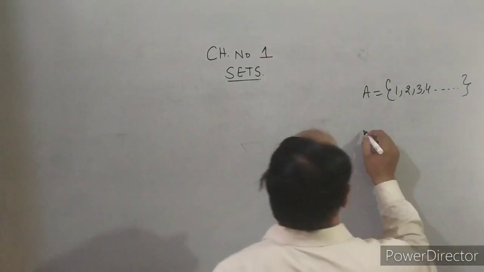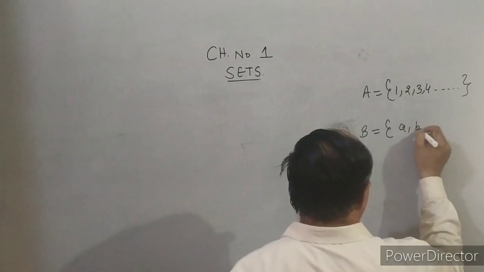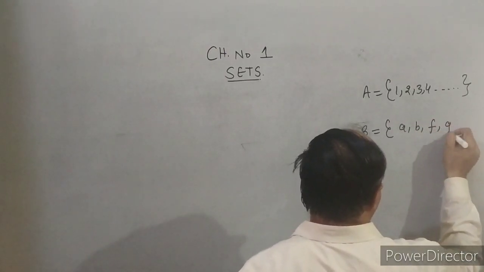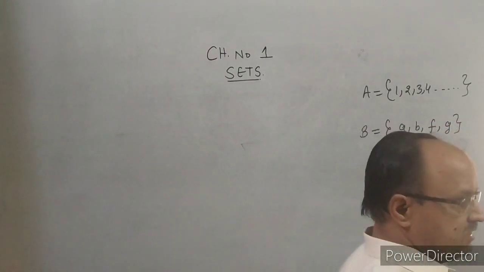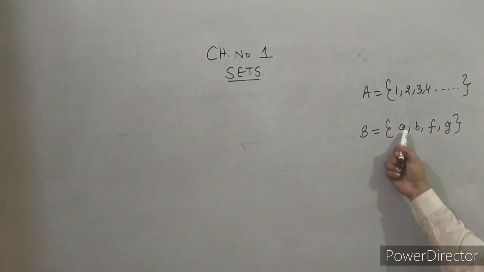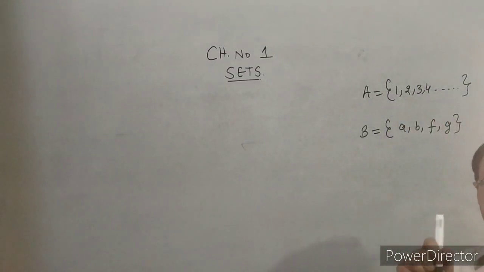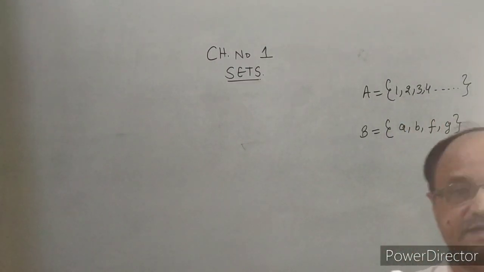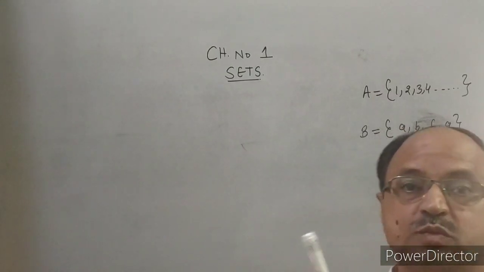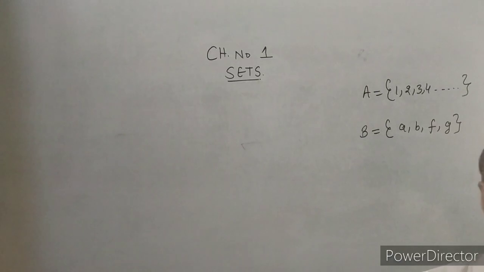For example, set B is equal to {a, b, f, z}. These are the elements of the set, A, B, F, Z, 1, 2, 4, etc. These are the elements of the set, or you can say objects of the set. Clear? Or you can say members of the set.